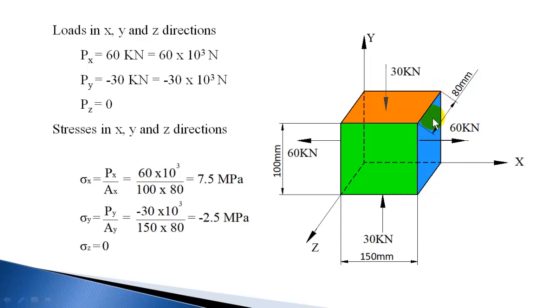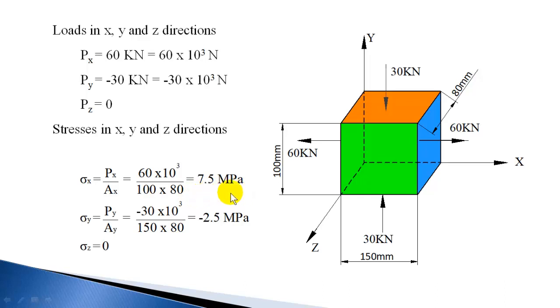Y is the vertical distance and z is the distance perpendicular to the screen. Y is 100, z is 80, so it is 100 into 80. So 60 into 10 raised to 3 divided by 100 into 80 gives 7.5 megapascal.